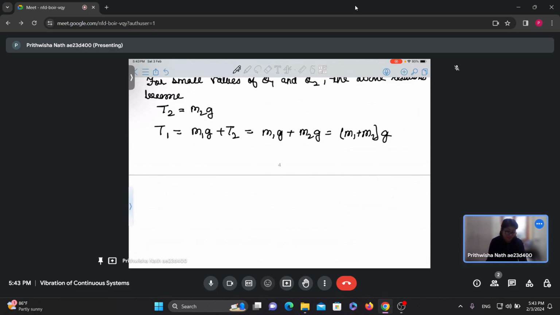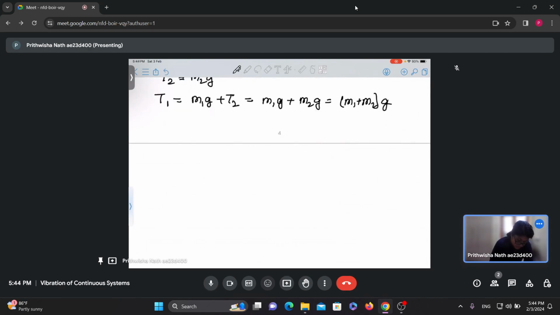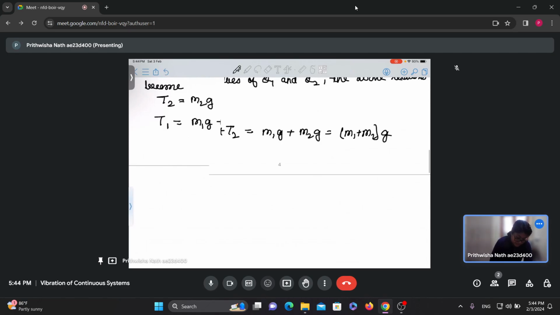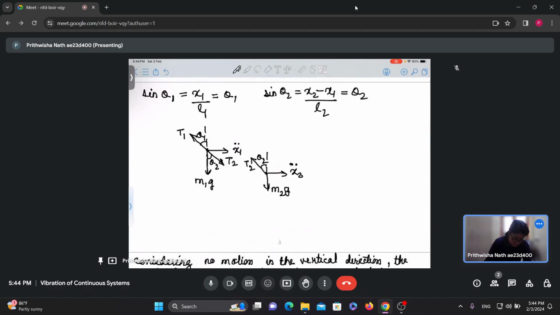Now we write the differential equation for the two masses in the horizontal direction. From this figure, what can we write?